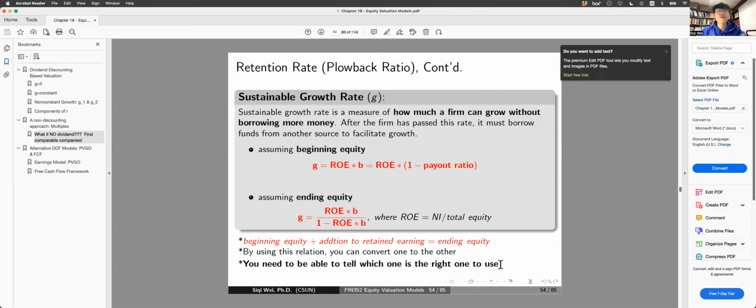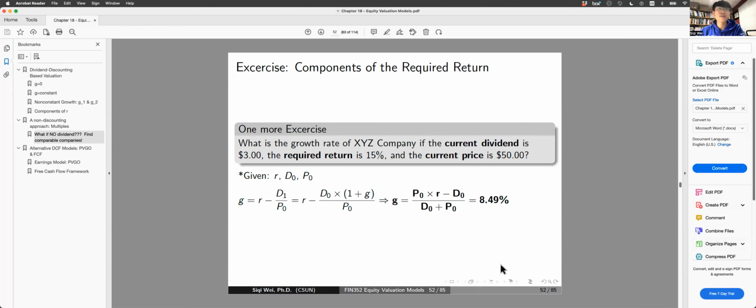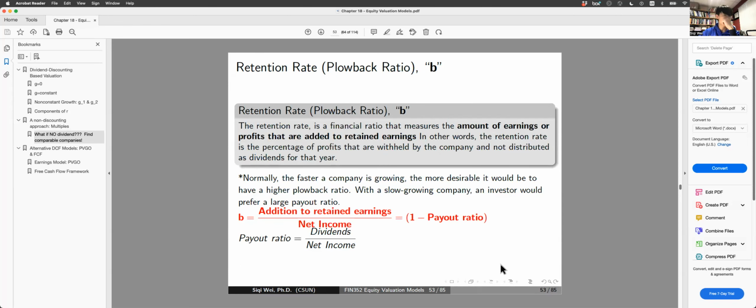So there is another thing I want to talk about, and that is the determinants of the dividend payout. So we want to introduce one thing, and that is the plowback ratio, which is the addition to retained earnings scaled by net income, and that is equivalent to the difference between 1 and the payout ratio.